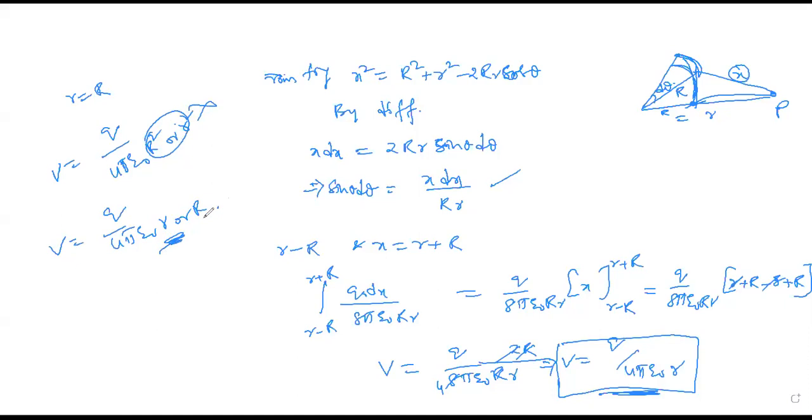How did I get it? Can you work it out, the same way we did for the spherical surface, the Gaussian charged sphere? When the point lies on the surface, small r should be equal to capital R. So the same expression which we have got here should be replaced as V is equal to Q by 4 pi epsilon naught capital R. That's it.